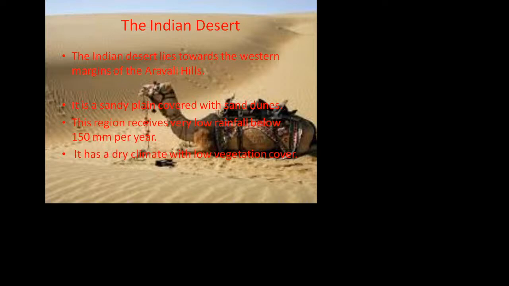The second term is escarpment. It is a steep slope or long cliff that forms as a result of faulting or erosion and separates two relatively level areas having different elevations.